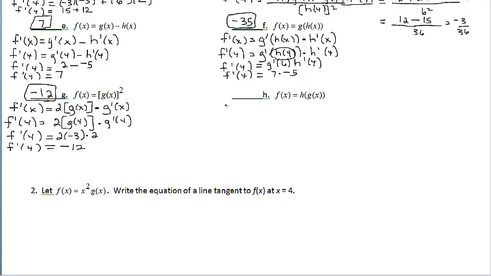Alright, and one more composition. We can see again in H, it's not the product rule because H doesn't have its own x, so it is a composite function.